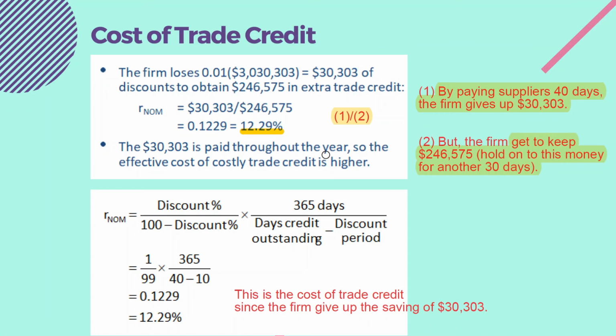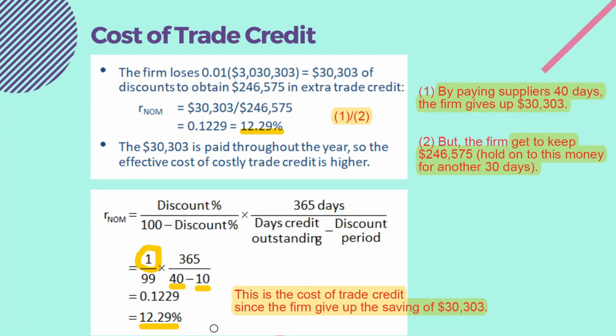The company should borrow short-term from a bank and pay the suppliers within 10 days to receive the trade discount. The cost of trade credit can also be calculated by using a formula. Because we get a 1% discount, this is 1 divided by 99. The number of days that the company pays the suppliers is 40 days. The number of days that the company gets trade credit is 10 days. Plugging into the formula, the cost of trade credit is around 12.29%.